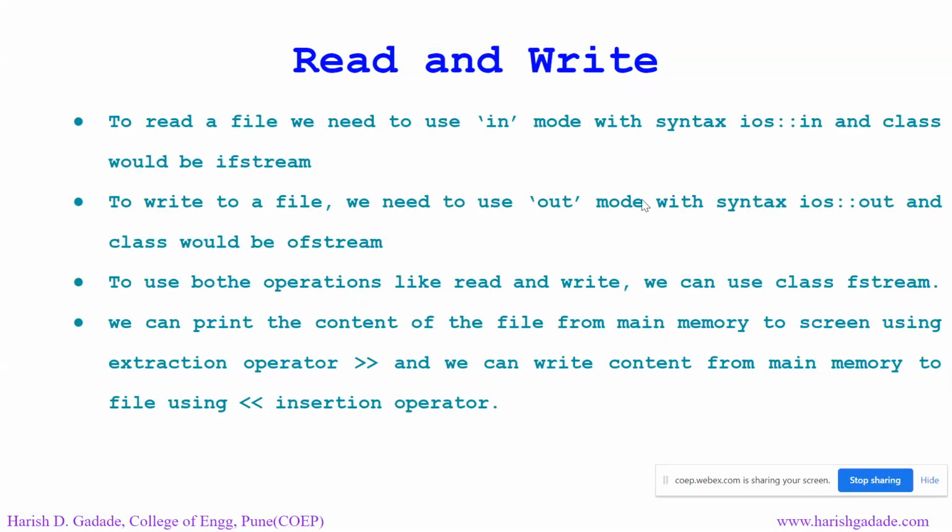To write, we use out with this format. And to use both operations, we can use fstream. We can print the content of a file from main memory to the screen using the extraction operator, and we can write content from main memory to a file using the insertion operator.